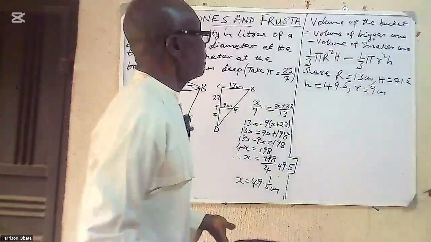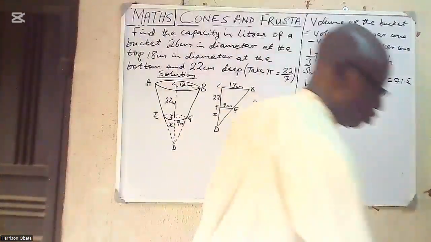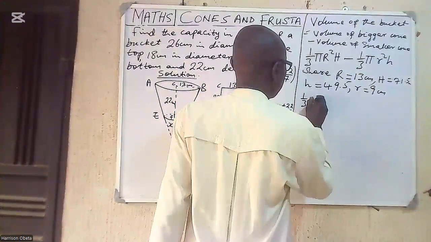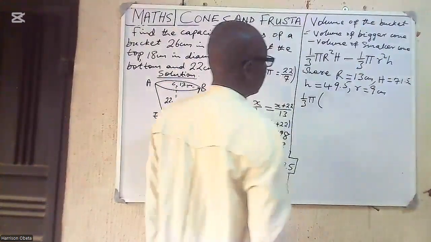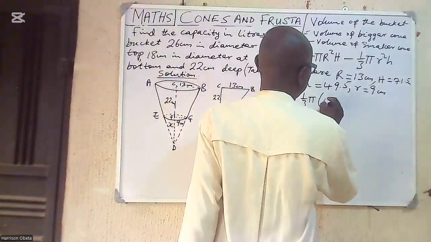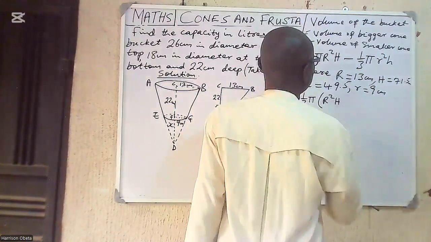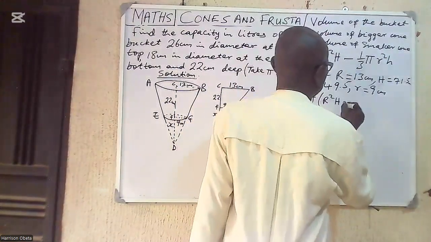So the next thing is for us to factor out and substitute the values. That would be 1/3 pi brackets r squared h minus r squared h, because 1/3 pi is common.